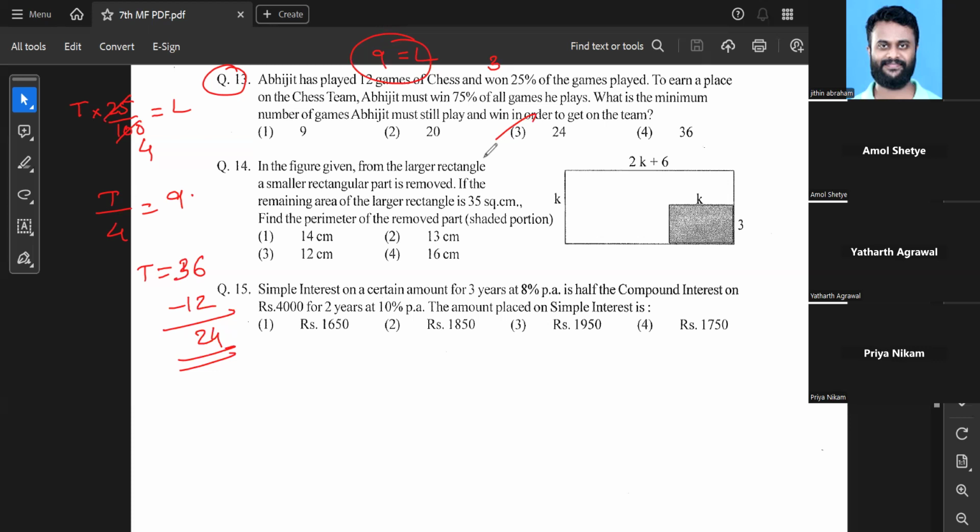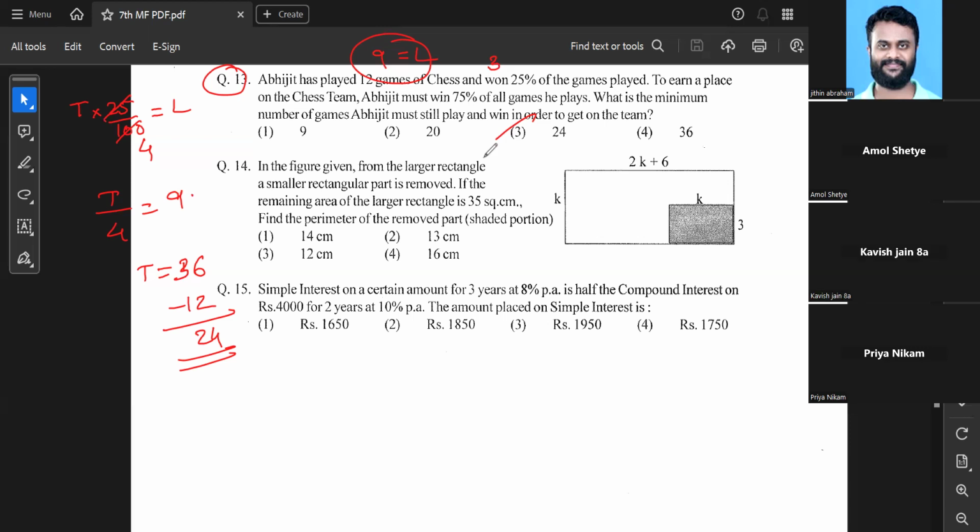For 25 percent, 12 matches; 75 percent directly multiplied by 3 gives 36. I don't think that can give you the correct answer all the time. It may or may not.